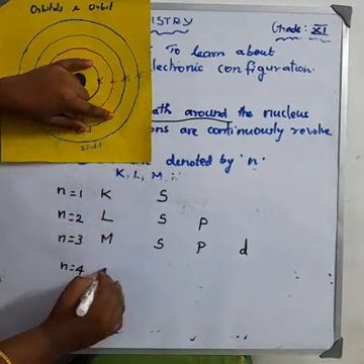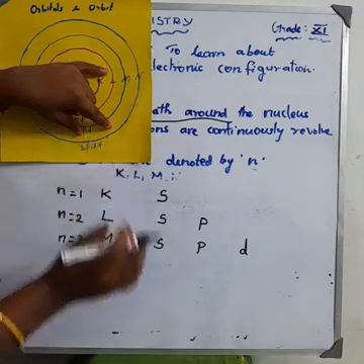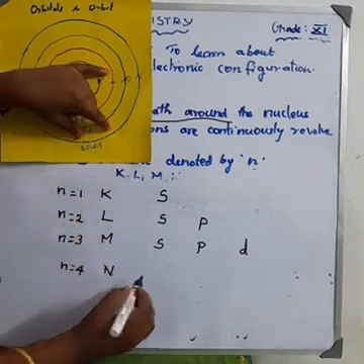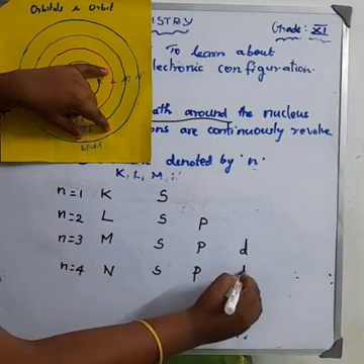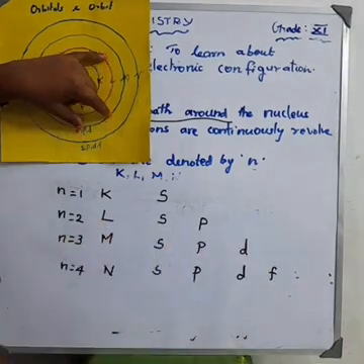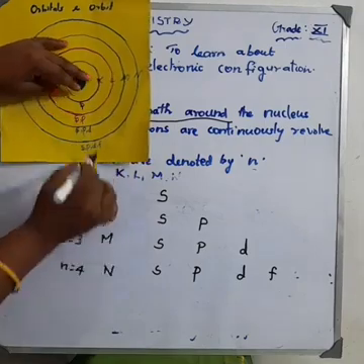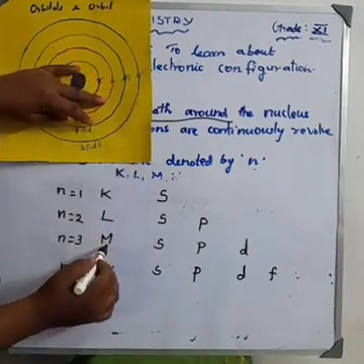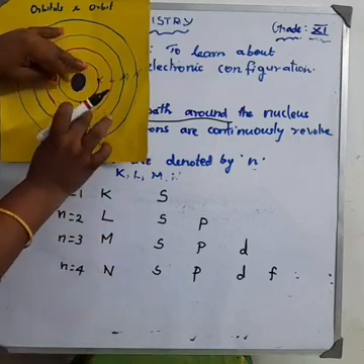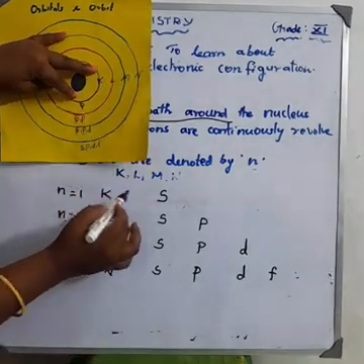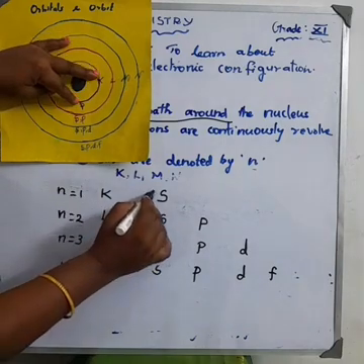What is the name of the fourth shell? N. The subshells in the fourth orbit are S, P, D and F. So first orbit is K, second orbit L, third orbit M and fourth orbit N. What orbitals are present here? The K orbit contains one S orbital. So n is equal to 1, and we can write 1S.